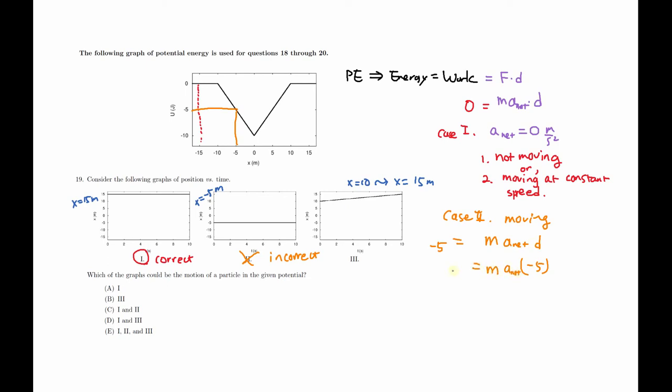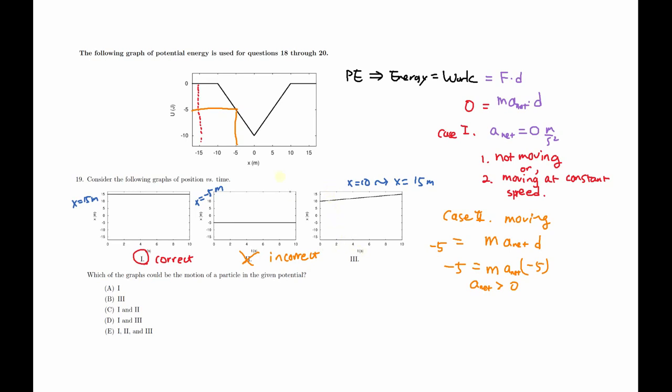Also, that means our net acceleration has to be positive. So that means we should be accelerating, but we're seeing the same case as the first one, so it's not moving at all. So that's why this is incorrect.